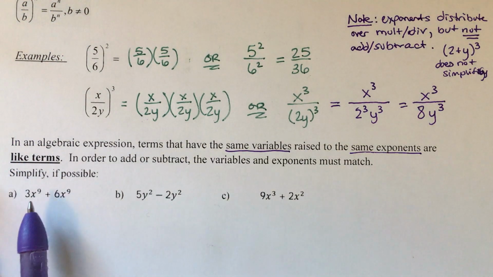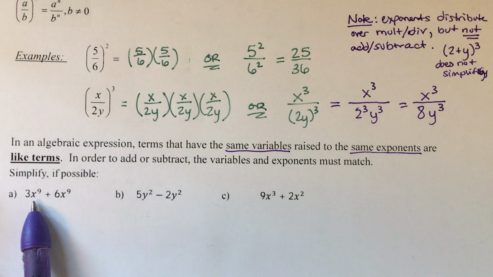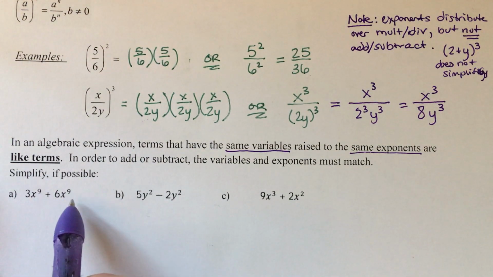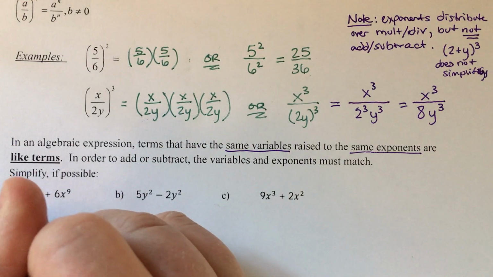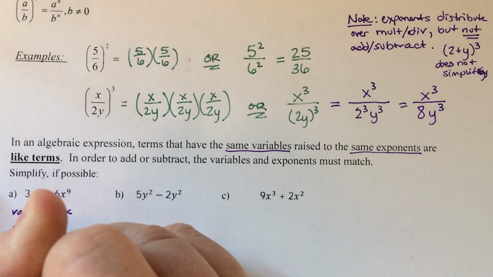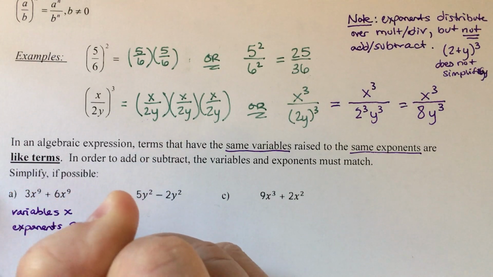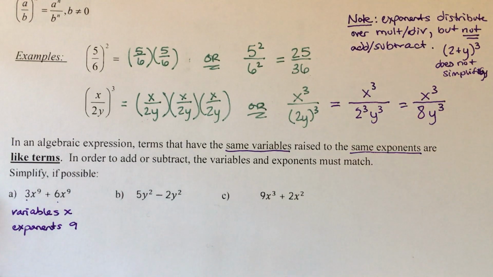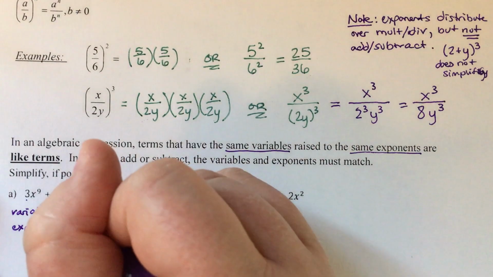So in these three examples, the first one, we have 3x to the 9th plus 6x to the 9th. The variables are both x, and the exponents are both 9, so these are like terms. The coefficients, the numbers out front, are not what I'm considering. I'm just looking at same variables, same exponents.